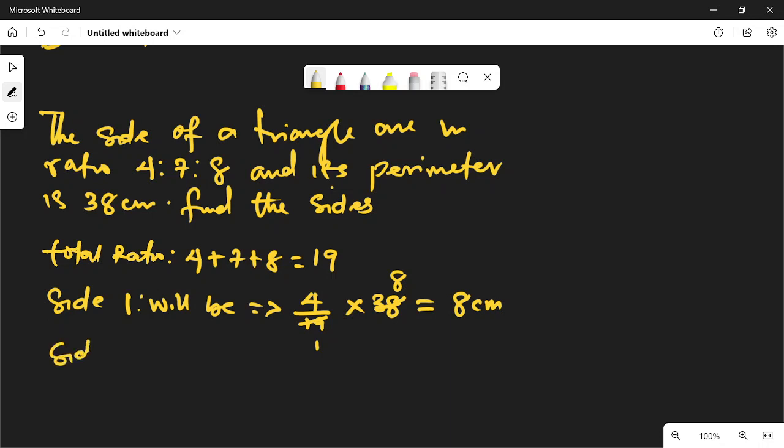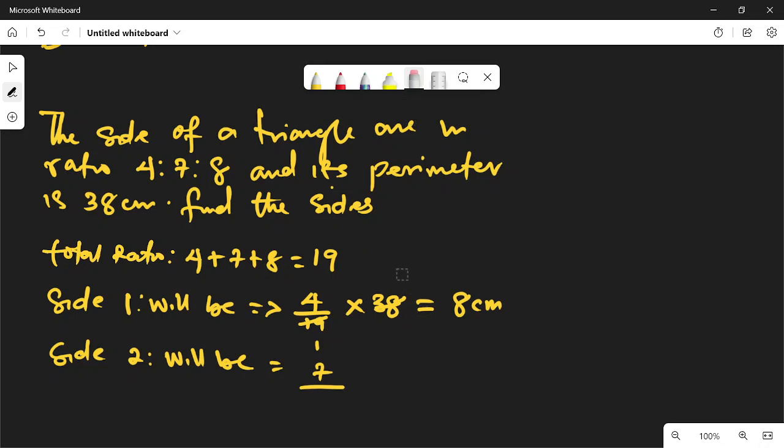Then side 2 will be 7. Okay, sorry, I think there's a mistake here.